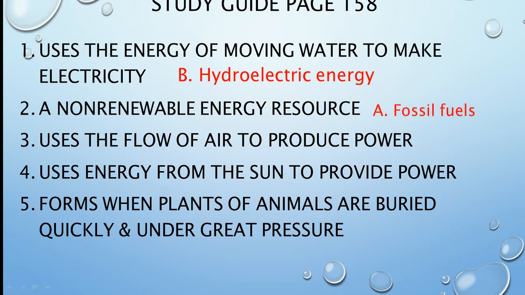They're non-renewable. Uses the flow of air to produce power. We know that one, don't we? Yeah, wind energy. Uses energy from the sun to provide power. We know that one: solar energy. And forms when plants or animals are buried quickly and under great pressure. Those are called fossil fuels, right? So you were picking A, B, C, and D right there.